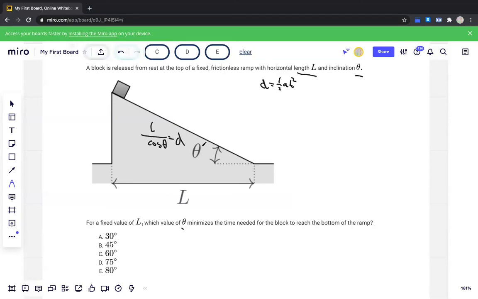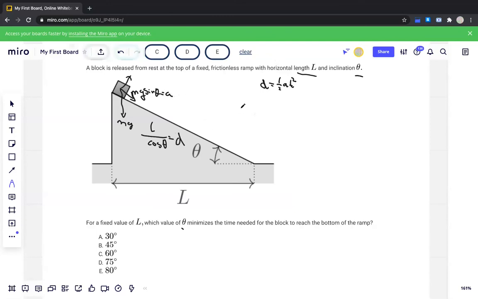And the acceleration of the block parallel to the ramp, this acceleration right here, it can be found by splitting up the weight. So we have mg is split up into two components, a parallel component and a perpendicular component. And the parallel component is going to be mg sine theta. So this is our a.